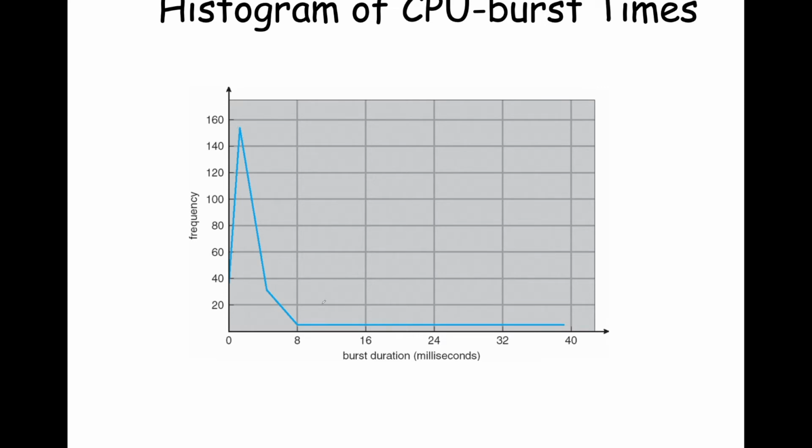You do have some longer bursts here: about 5 bursts of 16 millisecond duration, about 5 of 8 millisecond duration. When we go to 4 milliseconds, it's about 30 of them. But for the most part, the 3 millisecond burst time is dominating the counts of all the bursts that are measured for a particular CPU.